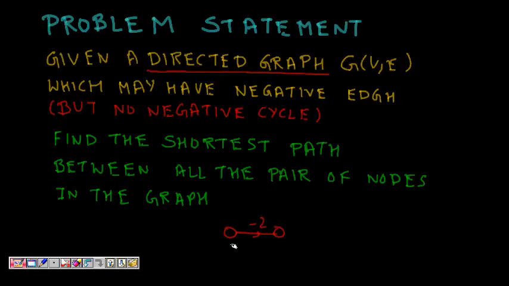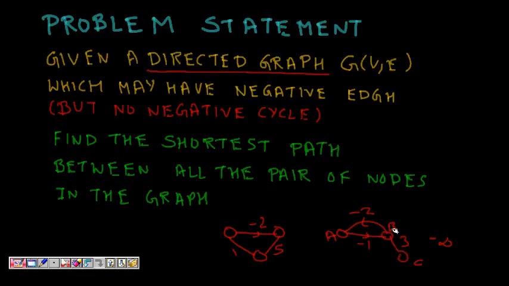If this is the graph, this is a negative edge weight, this is a positive edge weight, and this is a positive edge weight. But it should not have a negative cycle. Why? Because if I have a negative cycle, say this is -1, then -2, and this is 3, I can go from A to C with cost -infinity, because I can keep on moving in this cycle an infinite number of times.